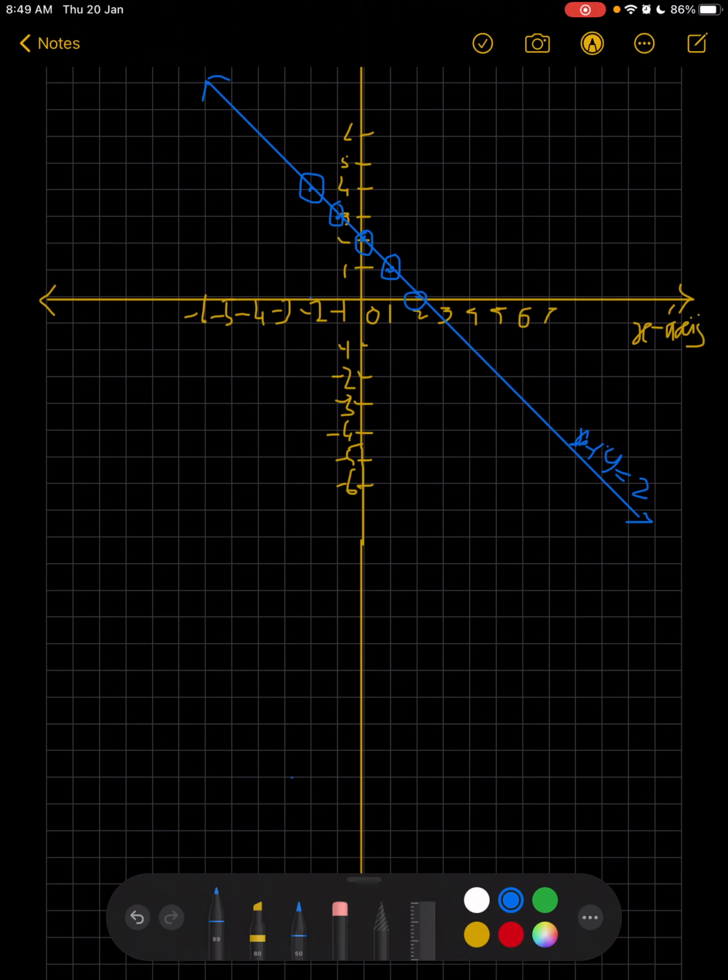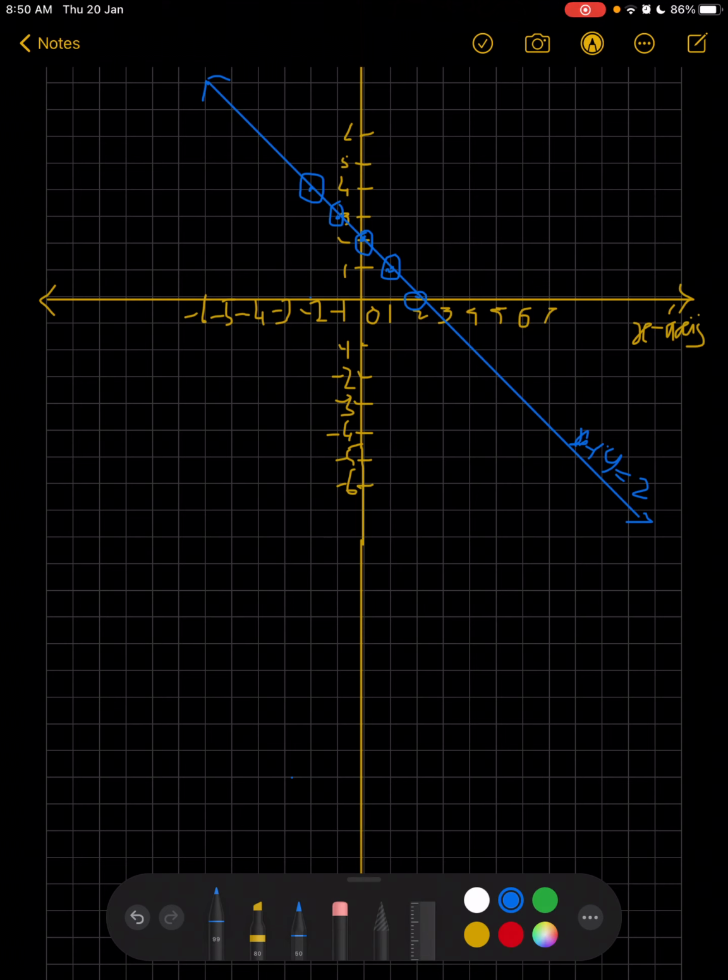Let me check the class how they are drawing this important graph. All the 3 lines have been drawn by Piyush Sarda. Other students also will show the work now.